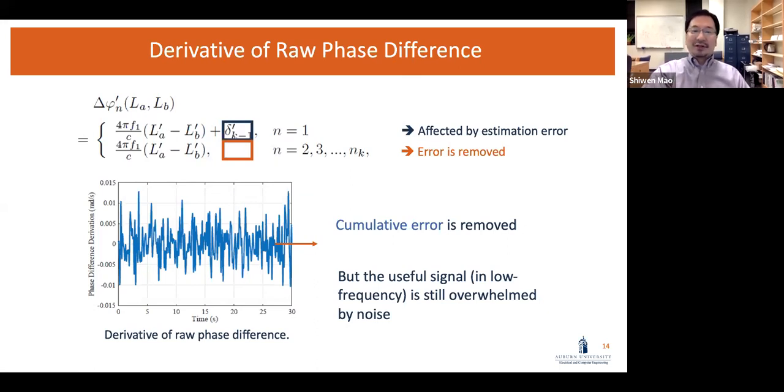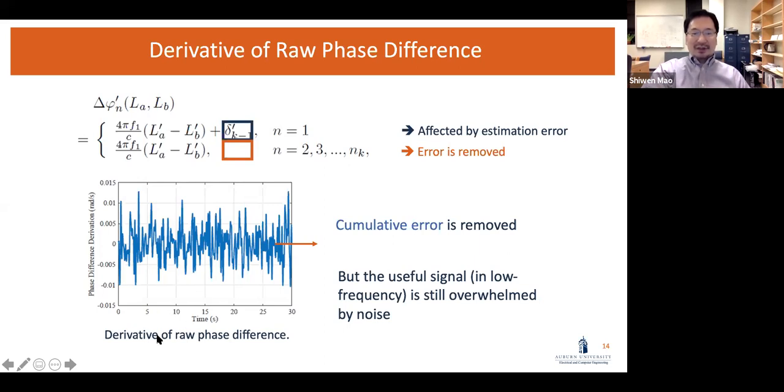But for the following examples, 2, 3, and on the same channel, such a cumulative frequency hopping error will cancel each other. So we just drop the first example, and then the remaining examples will all be useful. Okay, so after this operation, we get a signal.